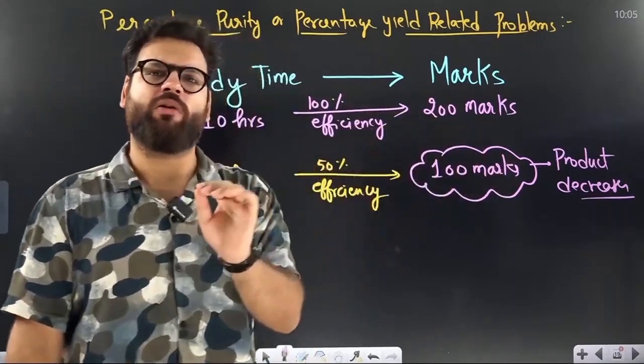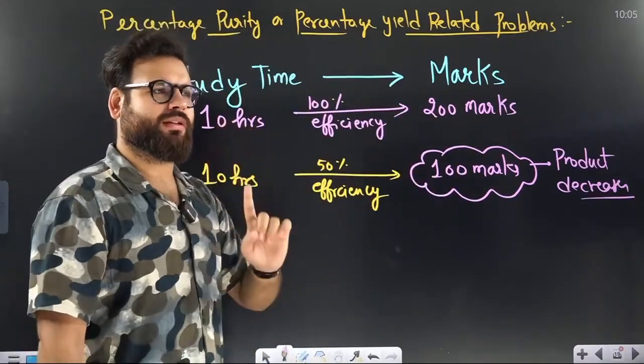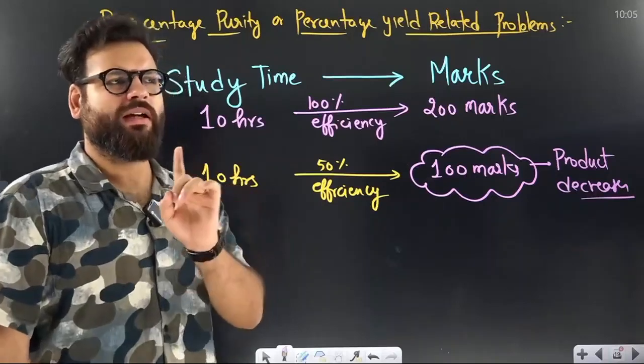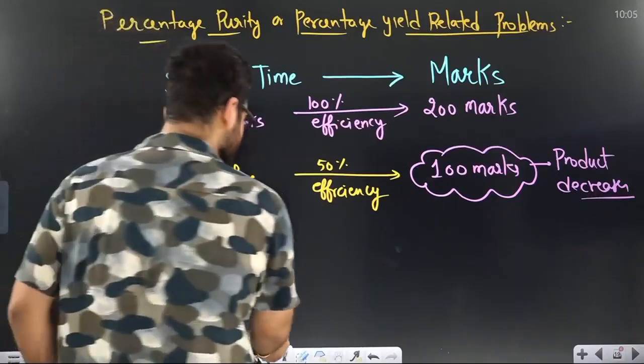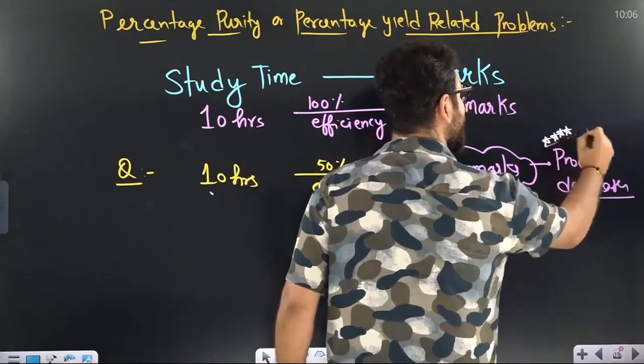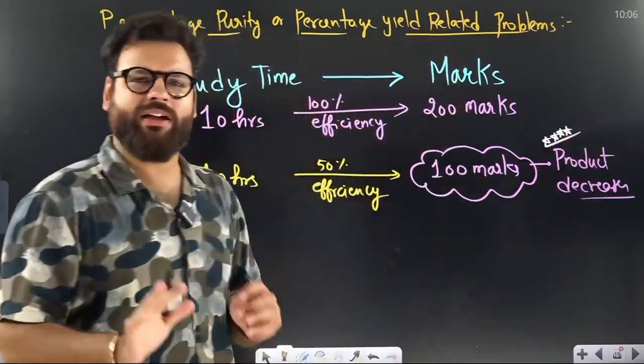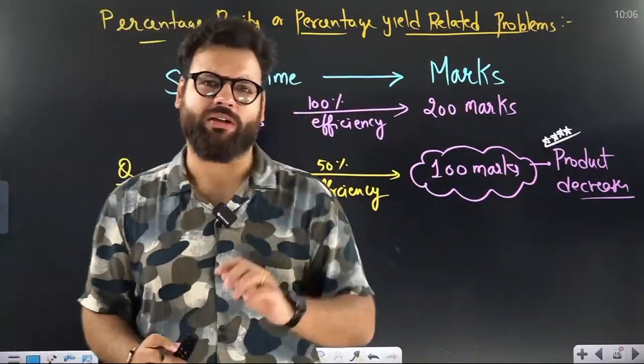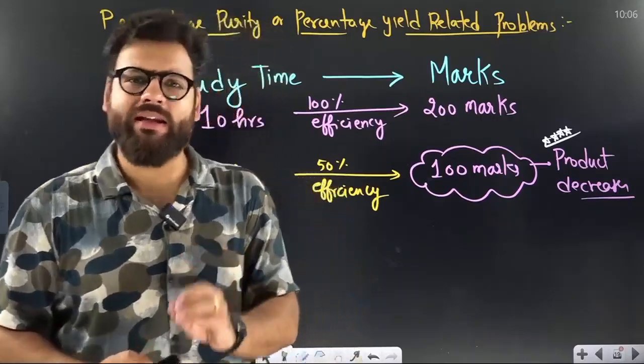Means the product will always decrease. So remember it, the product always decreases. Just say this to yourself. Whenever there is a percentage problem, I will decrease the product.